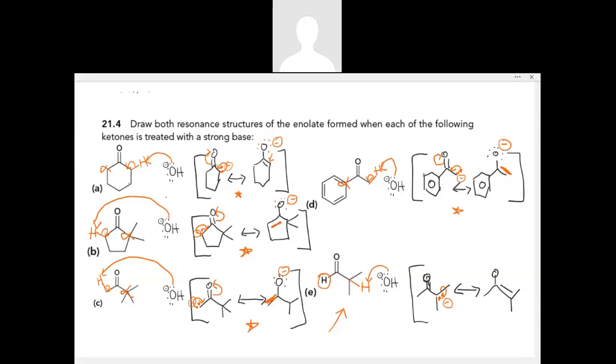We're going to form a pi bond right over here. So we'll move the lone pair to this area here, and then that will generate our last structure after we move those electrons from the carbonyl onto this oxygen. And we can see now with 3 lone pairs that oxygen will have that -1 charge. And these are our 2 resonance structures for the enolates for our aldehyde in structure E.